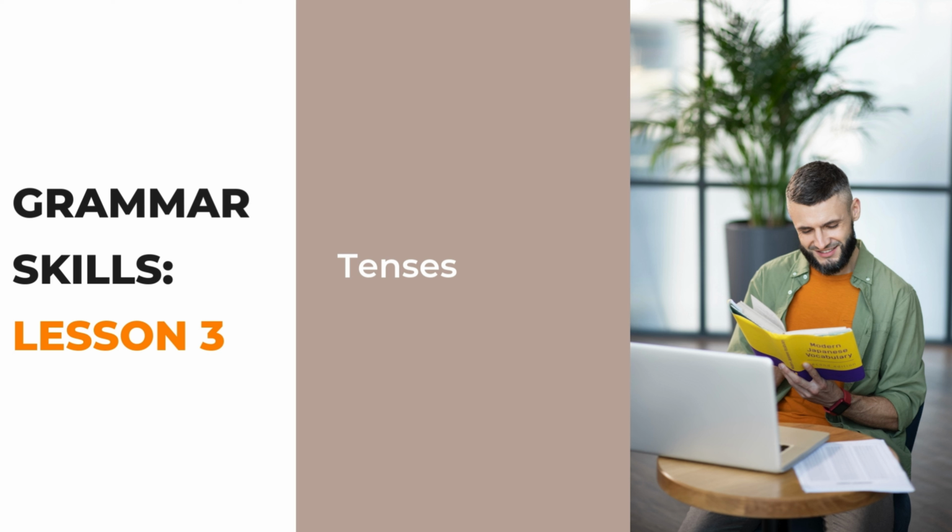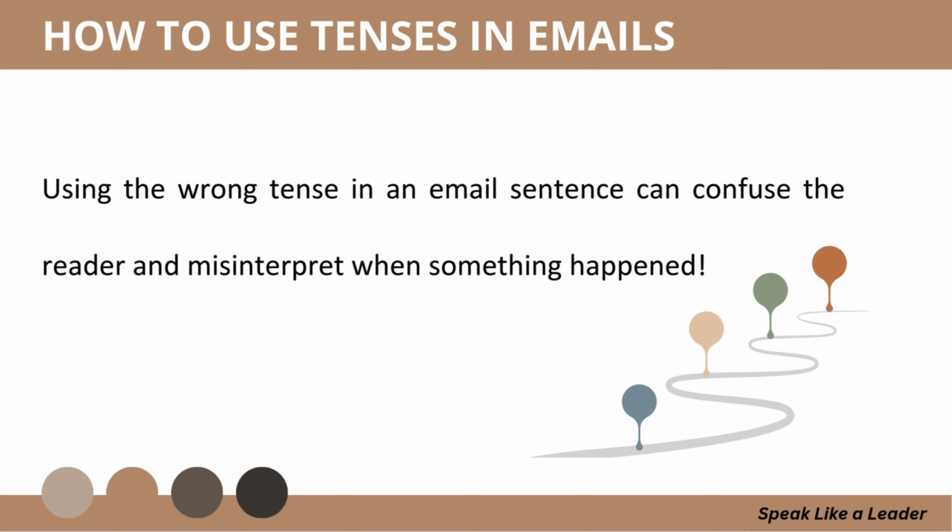After all, your emails could end up in front of a wide audience, people who will read them carefully and form opinions about your English skills. In this series of lessons, we're diving into common business writing mistakes that my students often face. In lesson number 1, we tackled the correct use of articles.